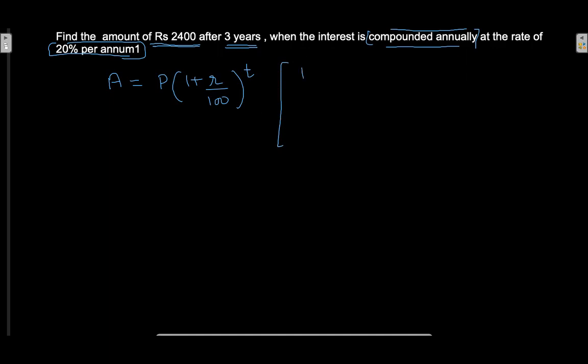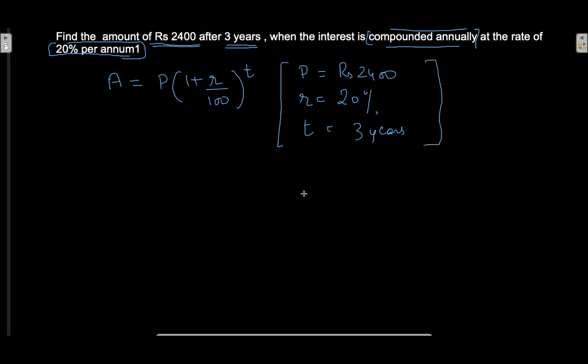We have principal, which is 2400. We have rate of interest, which is, beg your pardon, 20%, and the time period is 3 years.